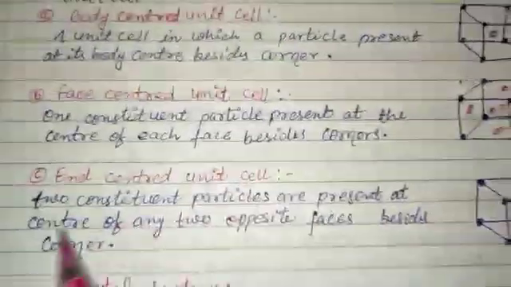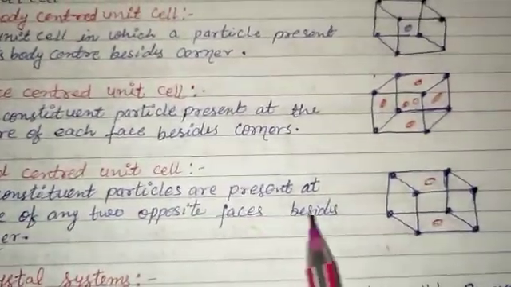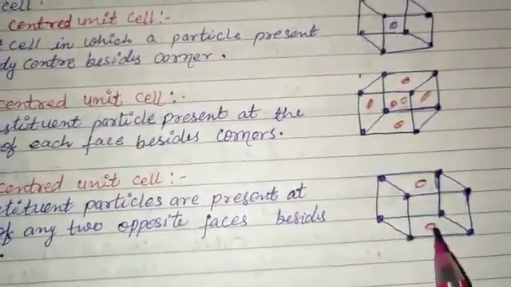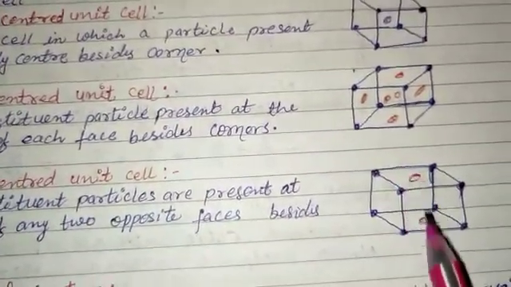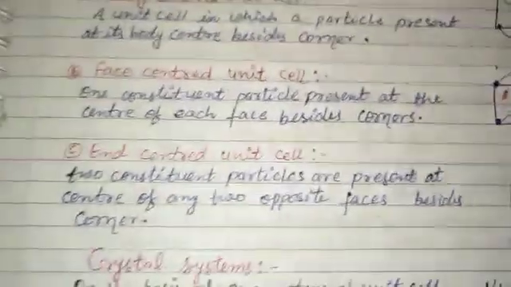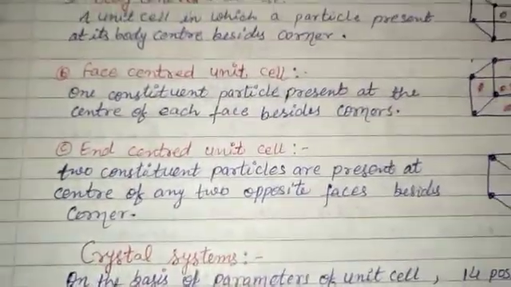In an end centered unit cell, two particles are present at the centers of two opposite faces besides the corners. This is the end centered unit cell.